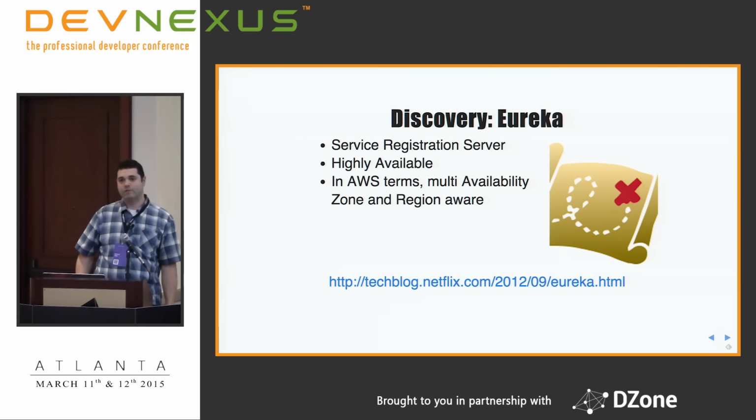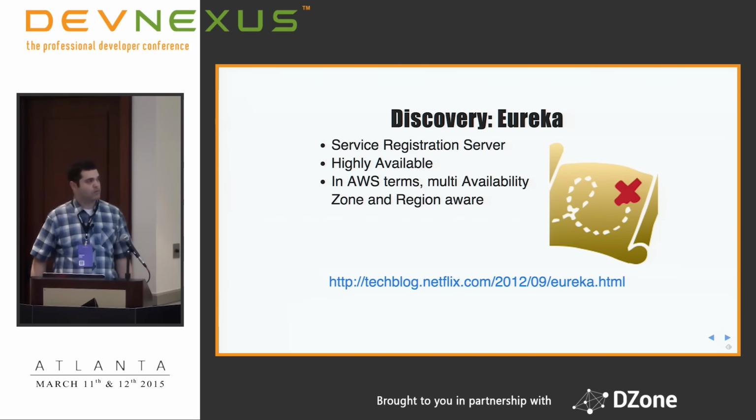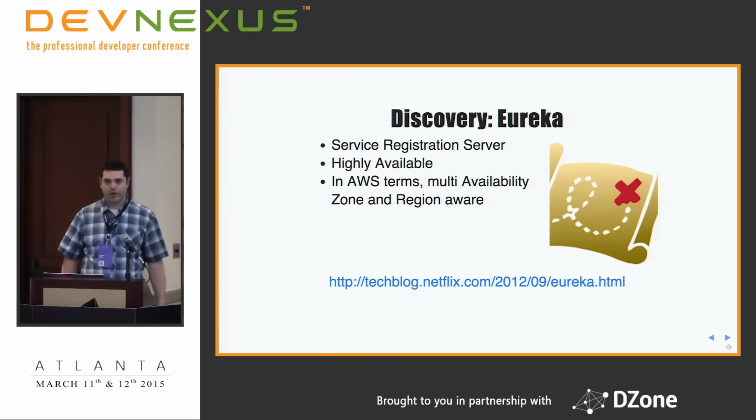Move on to discovery for the Netflix tool called Eureka. This is what they run in production. It's highly available. They run in AWS, so they have at least one Eureka in every zone, and it is aware of cross-region as well.